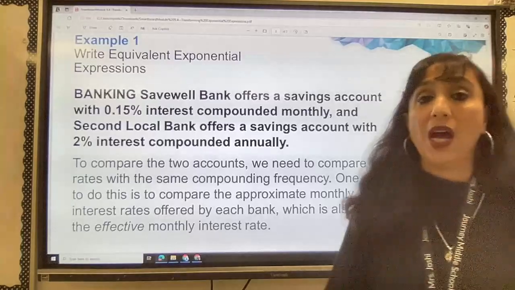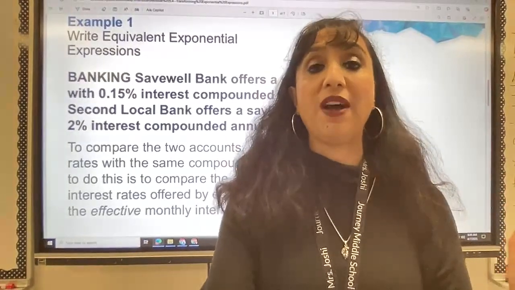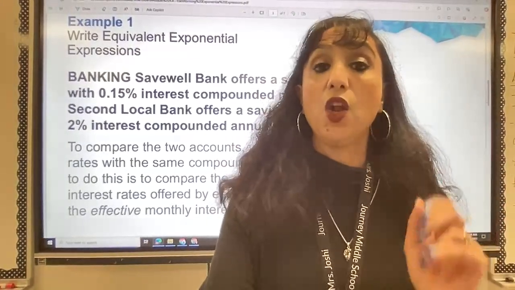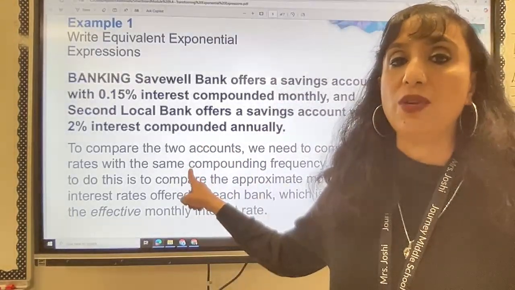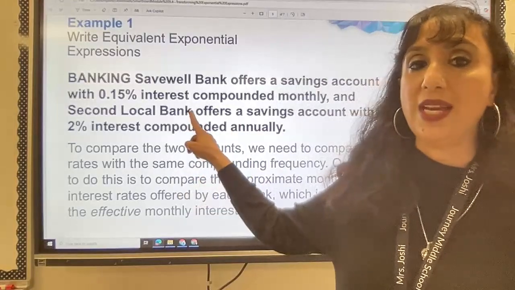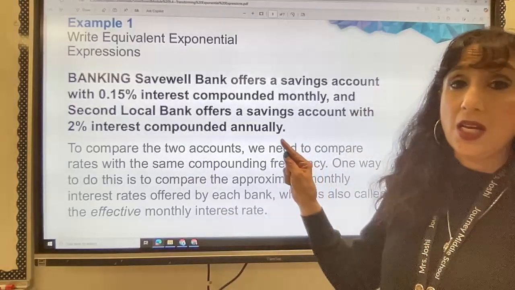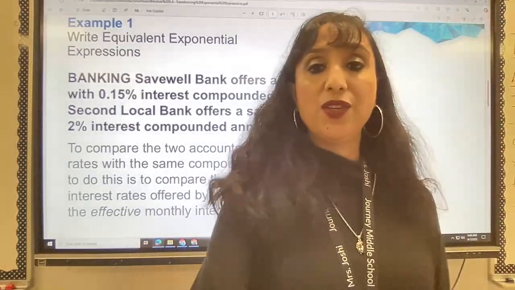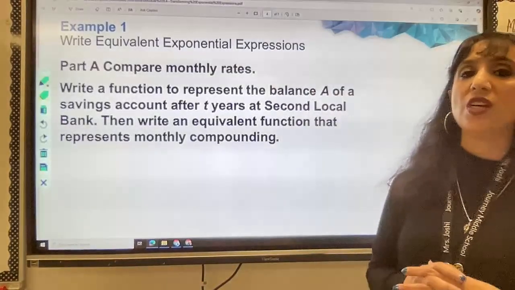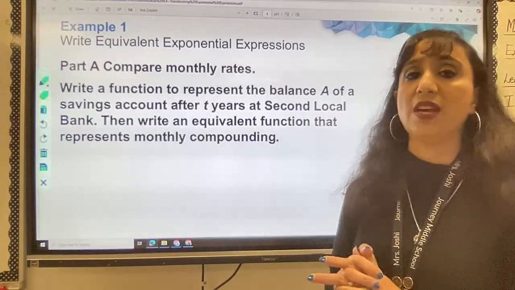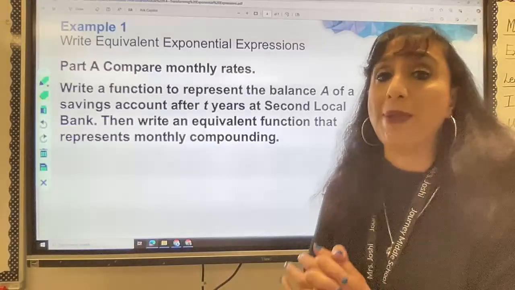Okay, so let's see the rest of the question. We already saw Sayville is 0.15% and the second local bank is 2%. One is compounded annually, and the first one is compounded monthly. Here's the rest of the question. It's saying write a function to represent the balance of a savings account after t years at the second local bank.